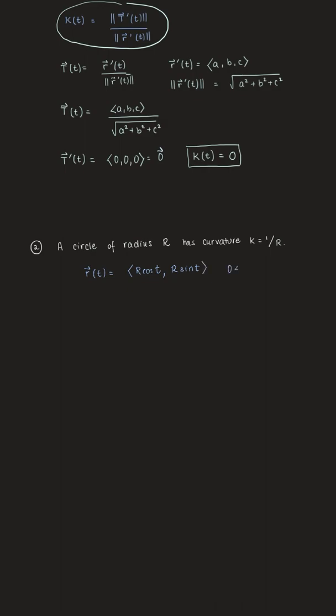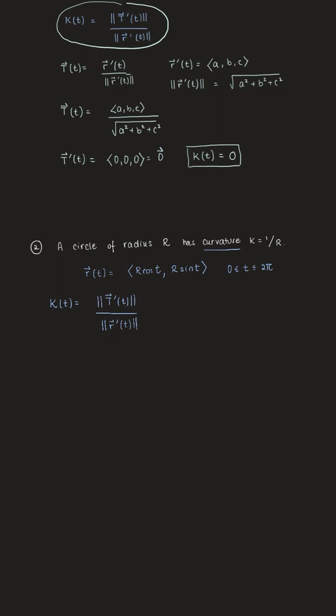I'm going to let t go from 0 to 2 pi, which means I'm only attending to 1 rotation. We're going to do the same thing. If I want to find the curvature, we're going to need the magnitude of the derivative of our unit tangent vector divided by the magnitude of the derivative of our vector function.